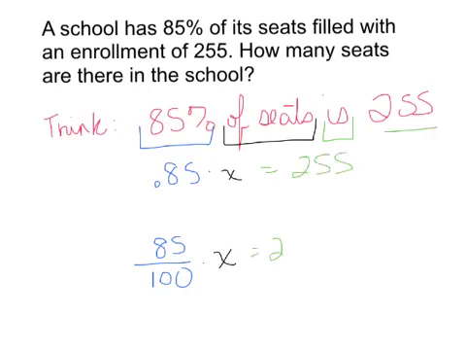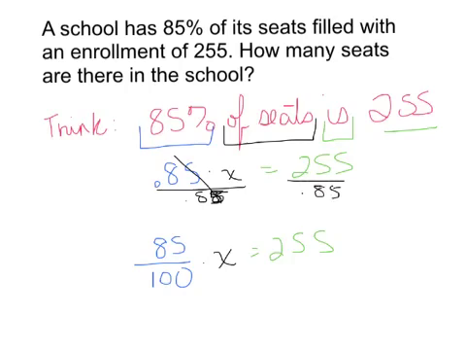So basically what I am going to do, instead of turning this problem into a proportion to solve, is turn it straight into an equation based off of what I am reading. It's literally when it says 85% of seats, so it's 0.85 times x, "is" means equals 255. After that, use calculators probably, or use your brains.